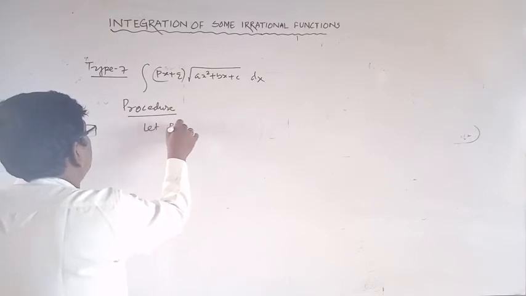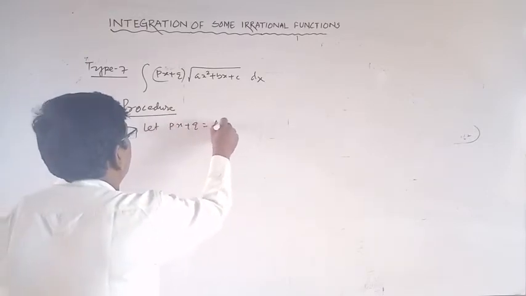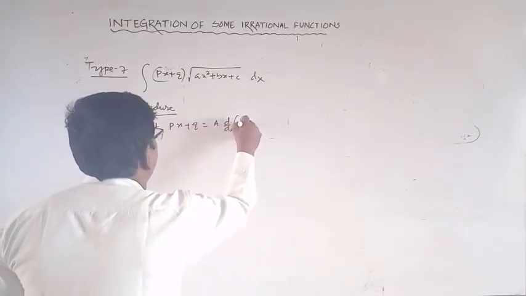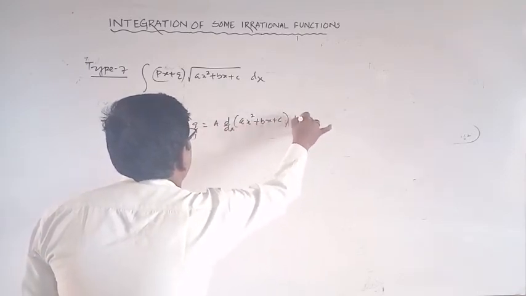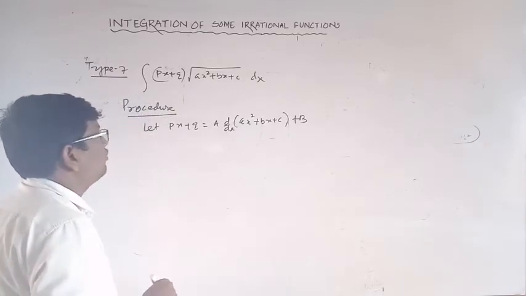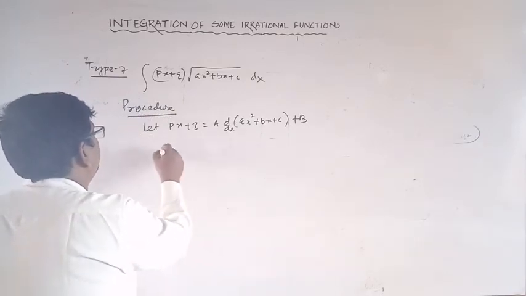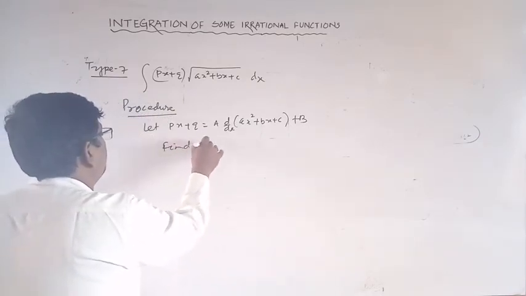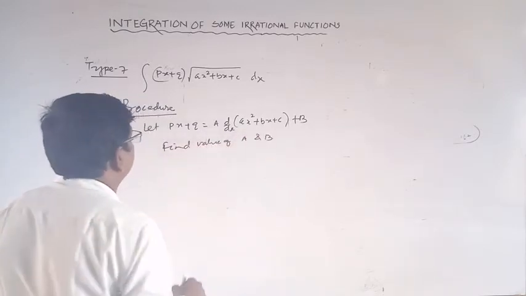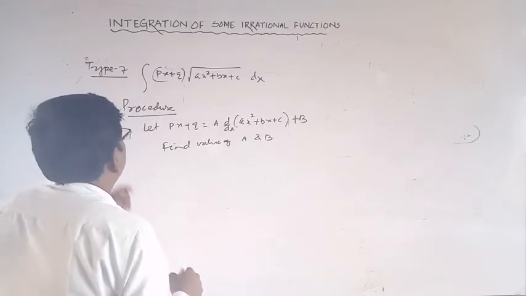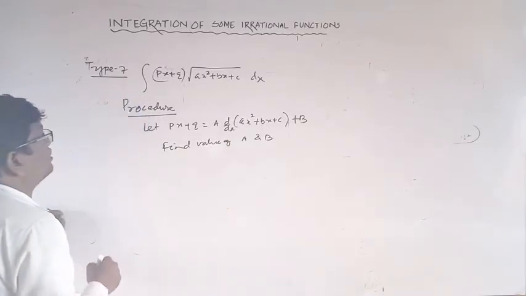Let px plus q is equal to a into derivative d by dx of ax square plus bx plus c, plus b. Find values of a and b. Okay, so this is the process.